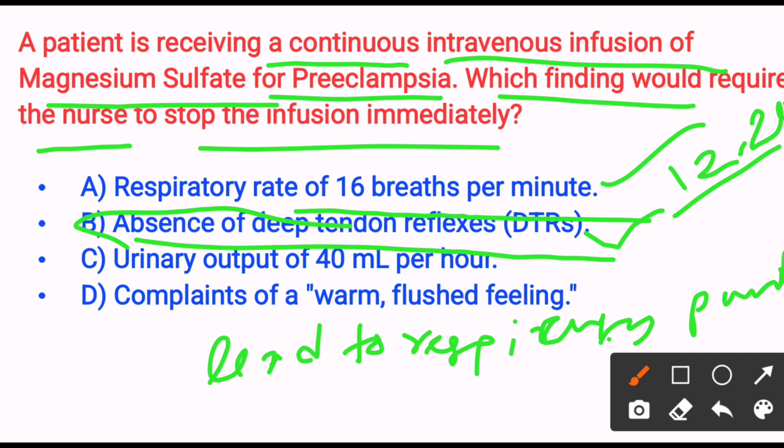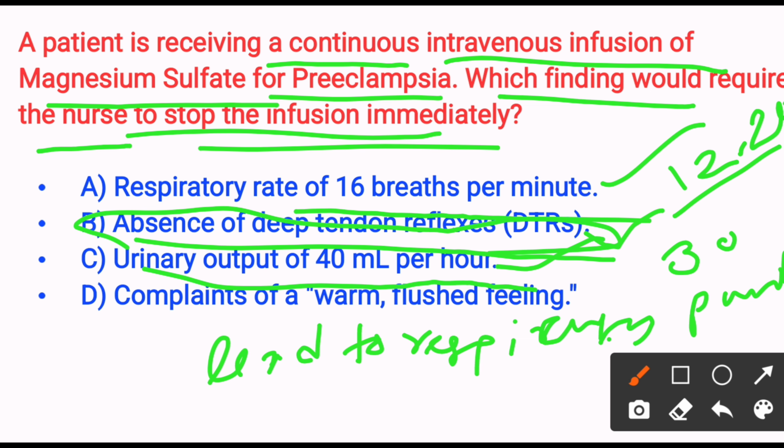So this is the cause when we have to stop the magnesium sulfate immediately. Urine output of 40 ml is normal; it should be at least 30 ml. Complaints of a warm flushed feeling are a common expected side effect during the loading dose. So the answer will be option B.